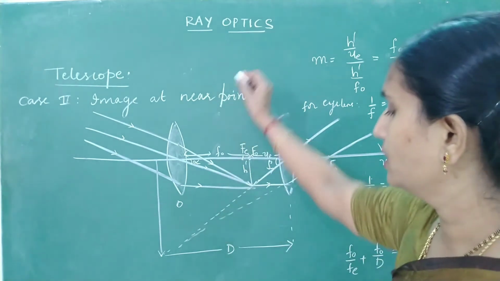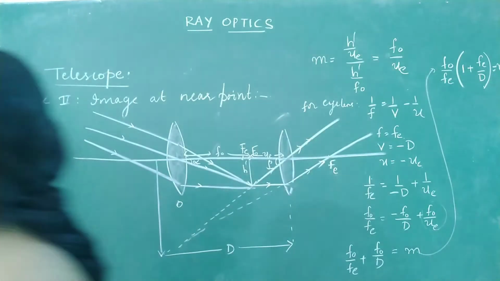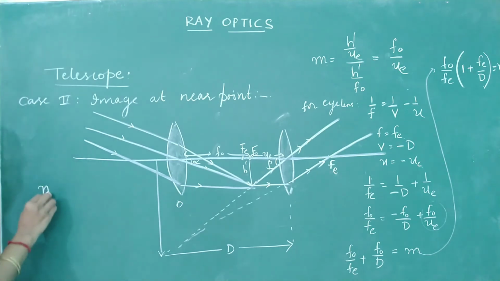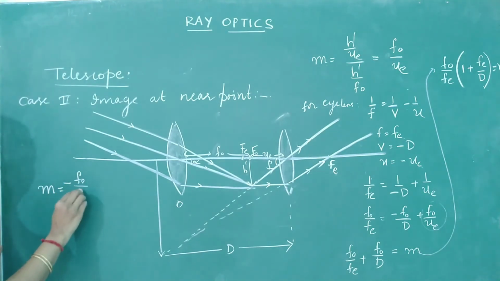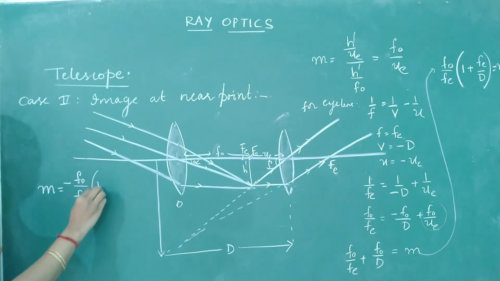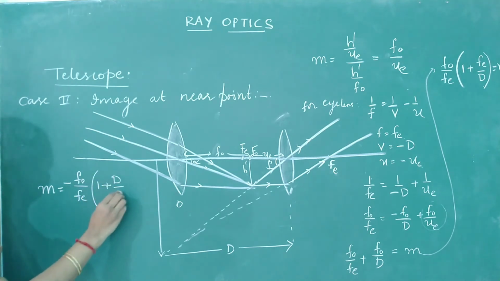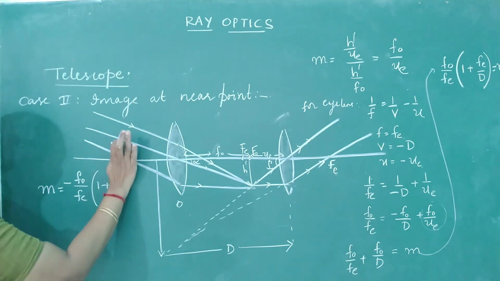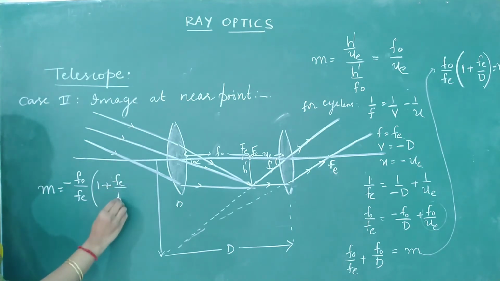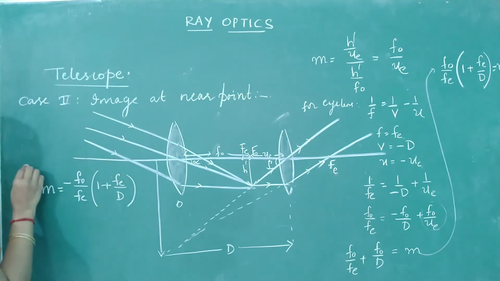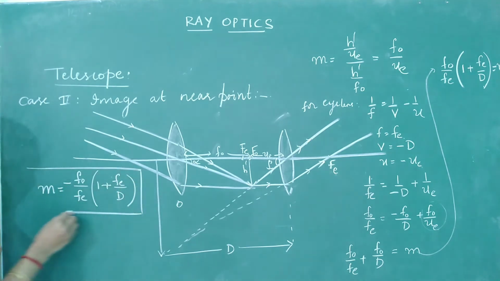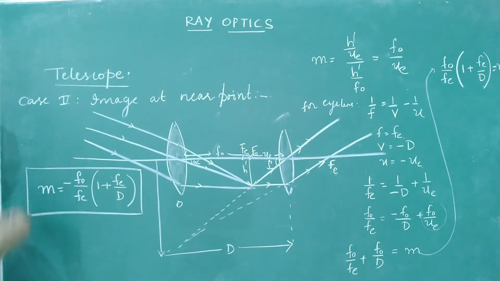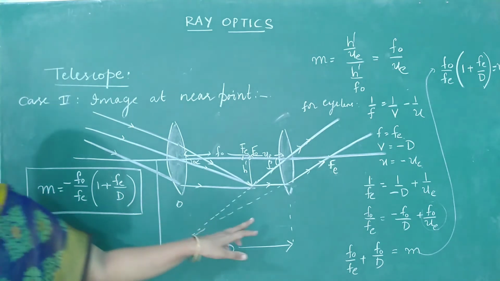I can write the formula for magnification. I'll write this side. What is your relation for magnification? Minus shows an inverted image, F naught by Fe into 1 plus Fe divided by D. So this gives you the expression for magnification produced by a telescope.